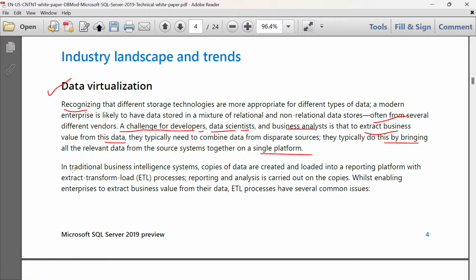Now again, moving forward, in traditional business intelligence systems, copies of data are created and loaded into a reporting platform which extracts, transforms, and then loads the data. Reporting and analysis is carried out on the copies.